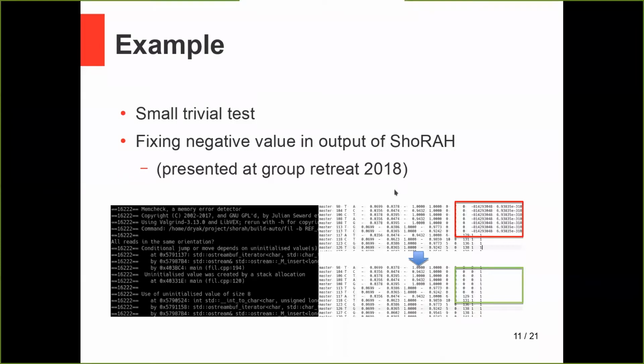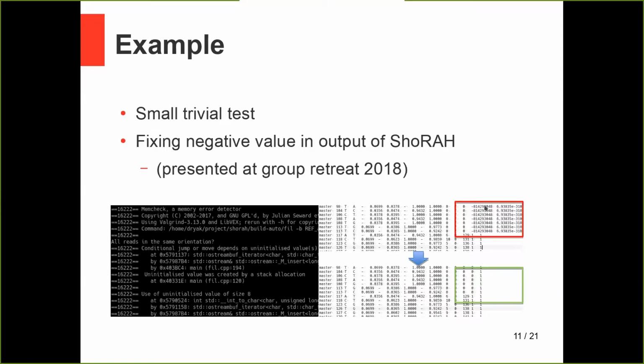Yeah. So sometime after I arrived, we got this weird result being displayed by Shura. The thing is, this column is supposed to be a probability. It's supposed to be mapping between 0 and 1, not minus several million.